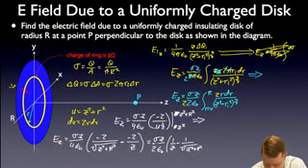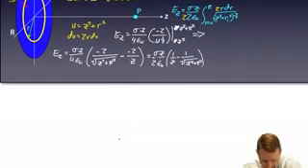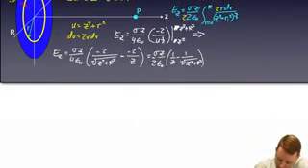And I can factor a z out of this if I want to. Multiply z here, multiply by z there. Just a little bit of algebra now.